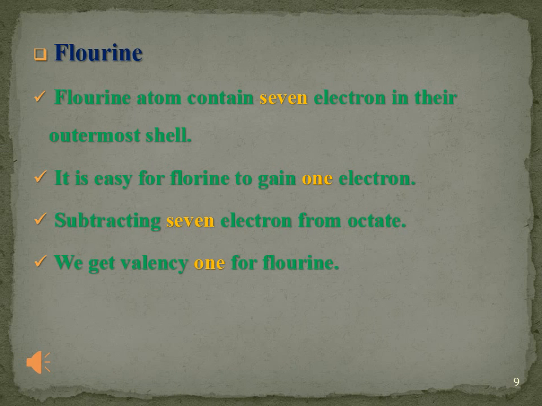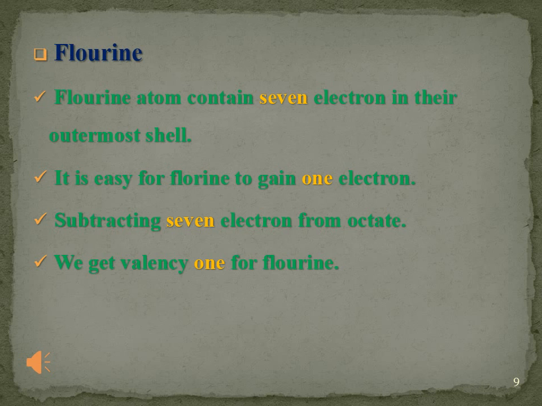So let us consider another example. We'll take fluorine. We know that fluorine contains 7 electrons in the outermost shell. First let's see fluorine in the table. The number of electrons of fluorine is 9. 2 electrons are filled in K shell and 7 electrons are filled in L shell, so it becomes 9.